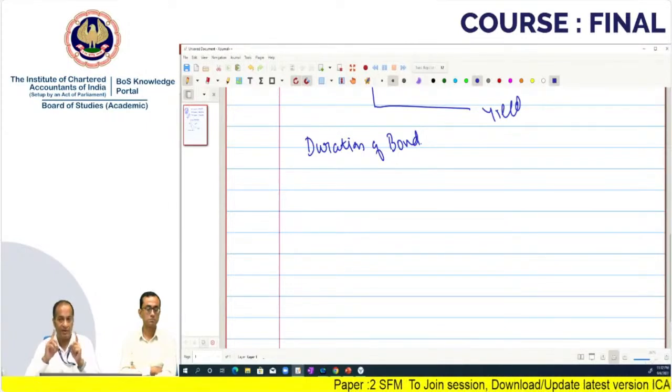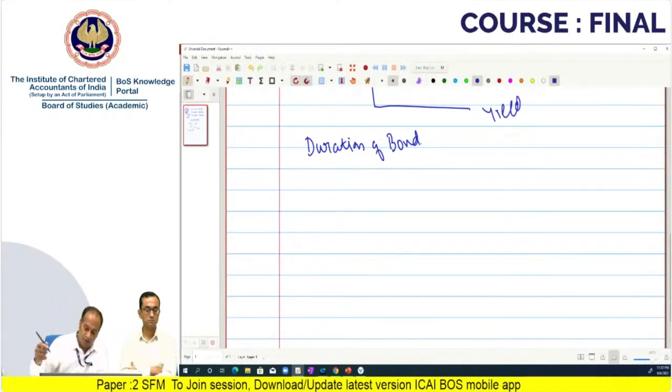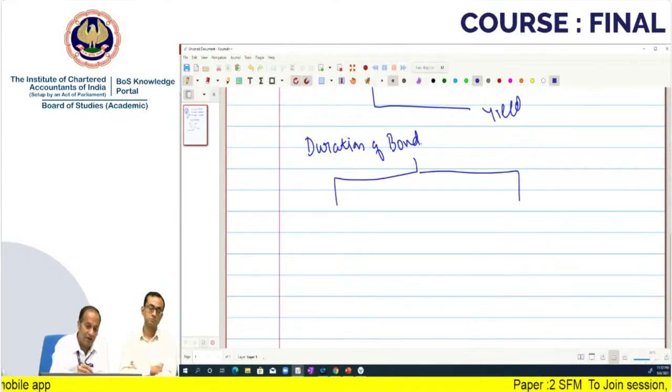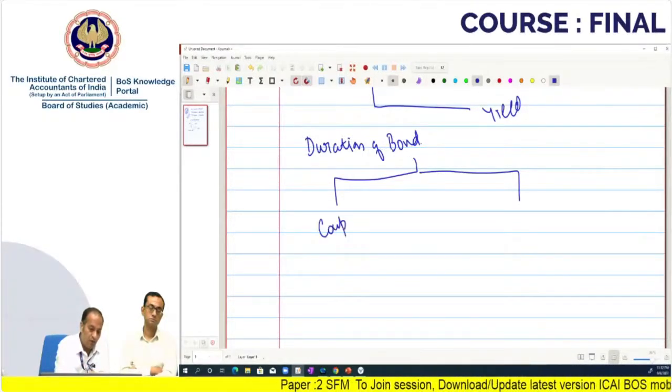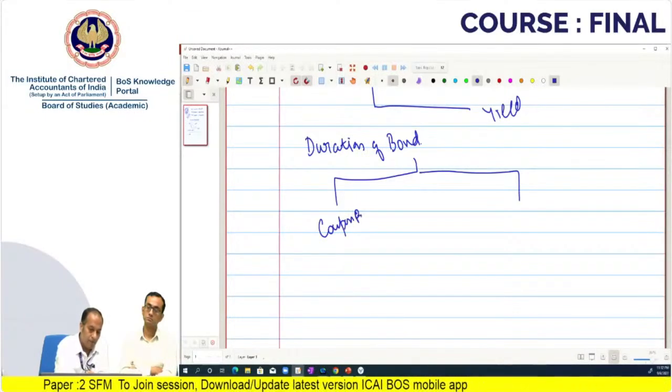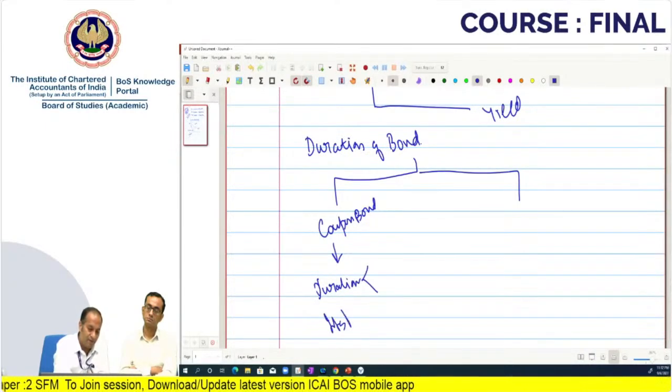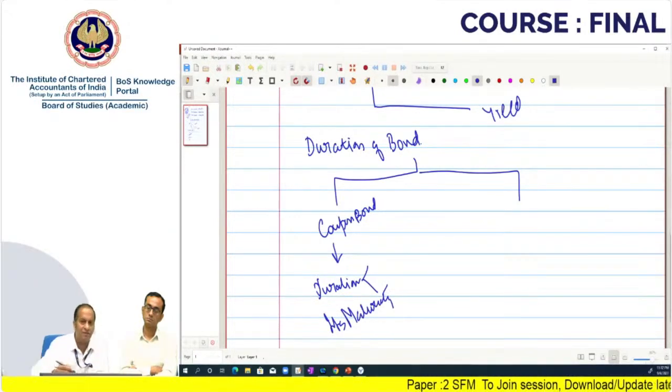Please remember that in the case of a coupon bond, the duration will always be less than its maturity period. It can never be more than it.